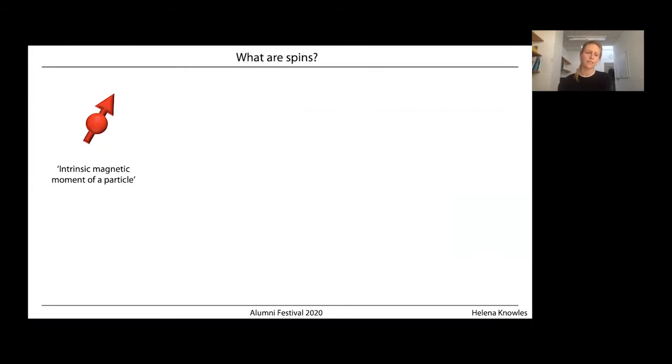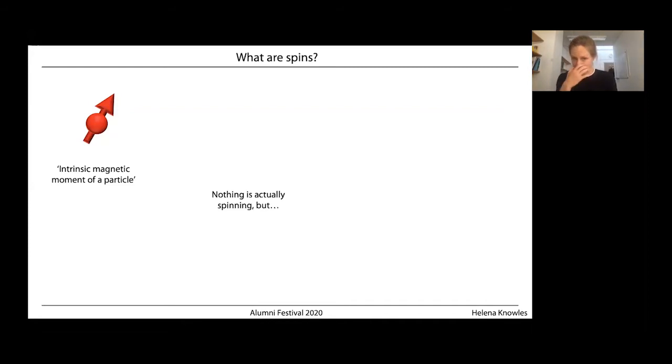Both of these techniques, MRI and NMR, are based on imaging spins. Typically proton spins, which are ubiquitous, they're in water, they're pretty much everywhere, and from their density we can get these nice images in MRI. One question you might have is what is even a spin? It's a slightly mysterious quantum object. We call it an intrinsic magnetic moment of a particle.